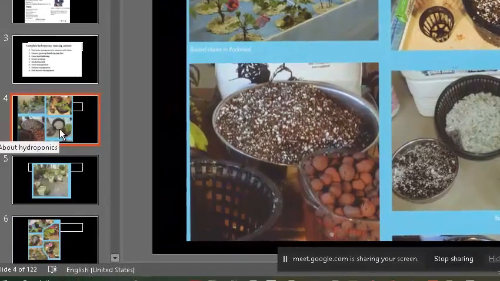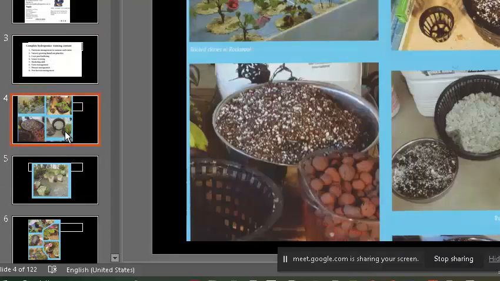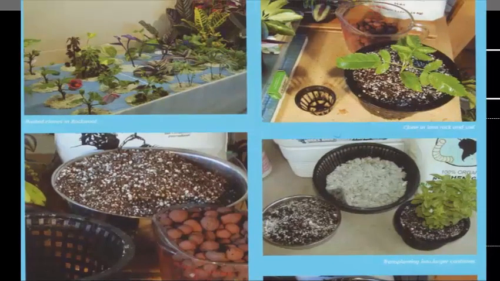I am saying this is called soilless culture. Why is this a soilless culture? Because we are not using any kind of soil. Then what are we using? We are using various other substrates for planting the plants, that is perlite, vermiculite, sandstone.